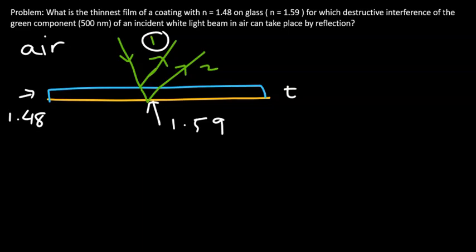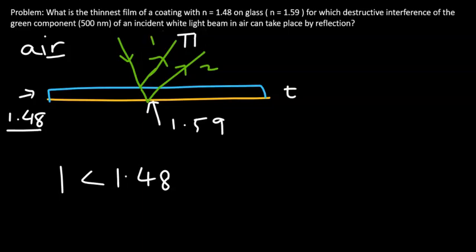It is traveling in air and then get reflected by a medium with index of refraction 1.48. So the first medium, whose index of refraction is 1, is obviously less than 1.48. That means there is half a cycle phase shift for ray 1.